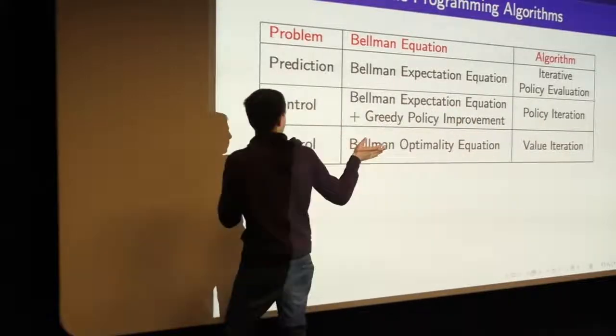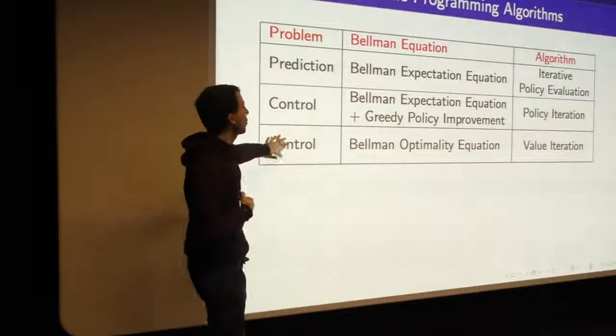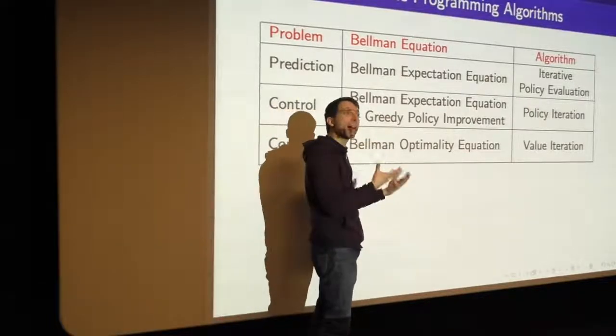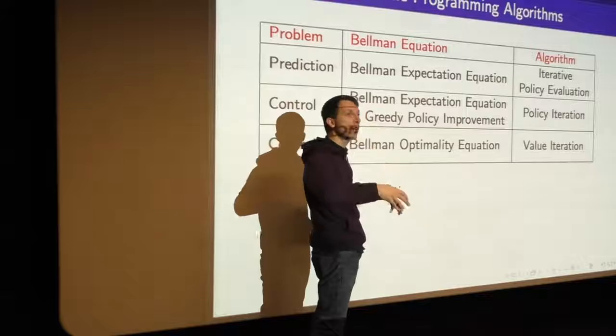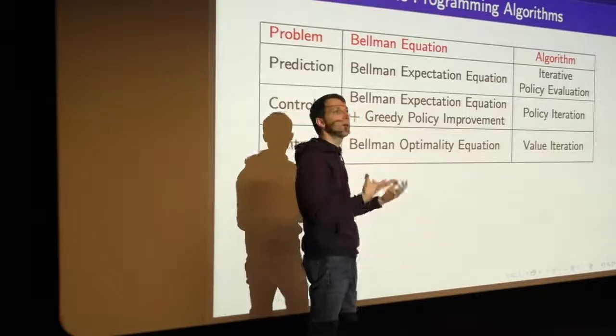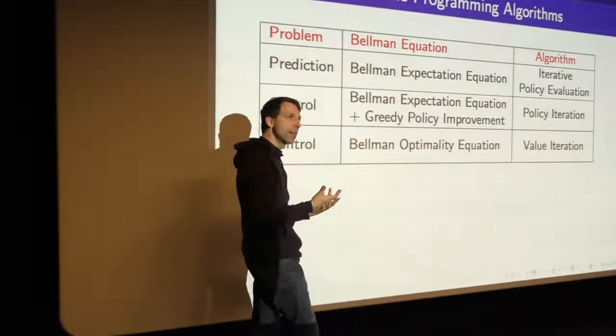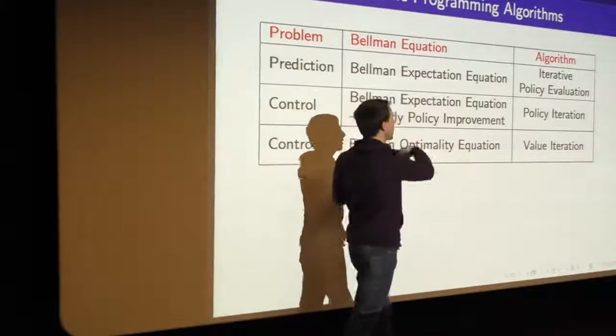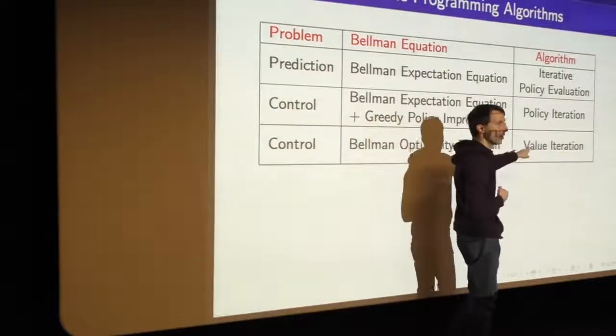And then finally, we moved on to the value iteration algorithm, again addressing control. The Bellman equation we look at now is the Bellman optimality equation, with the max in the equation, which tells us how V star relates to itself, how the maximum reward you can get out of this MDP recursively relates to itself. And when we turn this into an iterative update, we end up with value iteration.